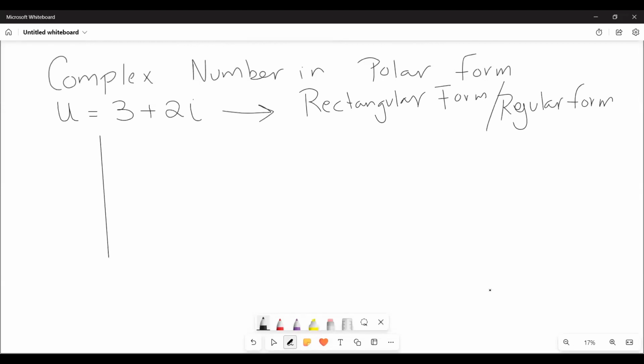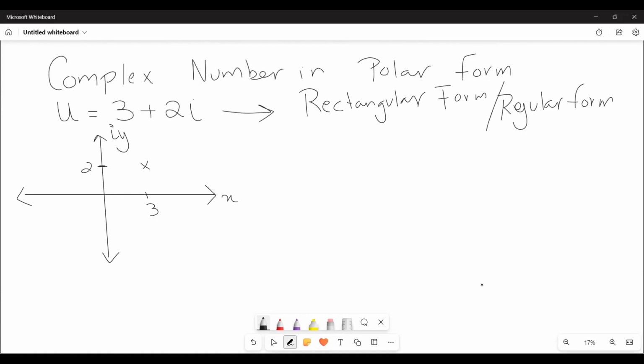If I plot it on the Cartesian coordinates or complex coordinates, this is x and this is the imaginary axis iota y. So 3 will be here on the real axis and 2 will be here on the imaginary axis. Okay. Now, what is polar form?